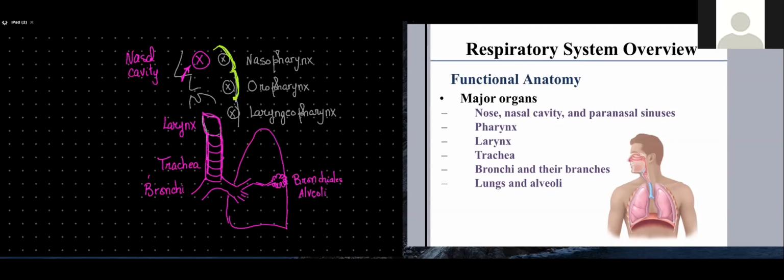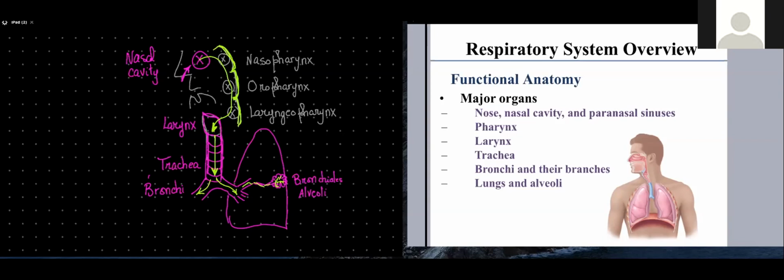And then the part of the pharynx located posterior to my larynx, this is my laryngopharynx. Air will then travel down into my larynx, then to the trachea, to the bronchi, bronchioles, and then to the air sacs where I have most of the gas exchange.